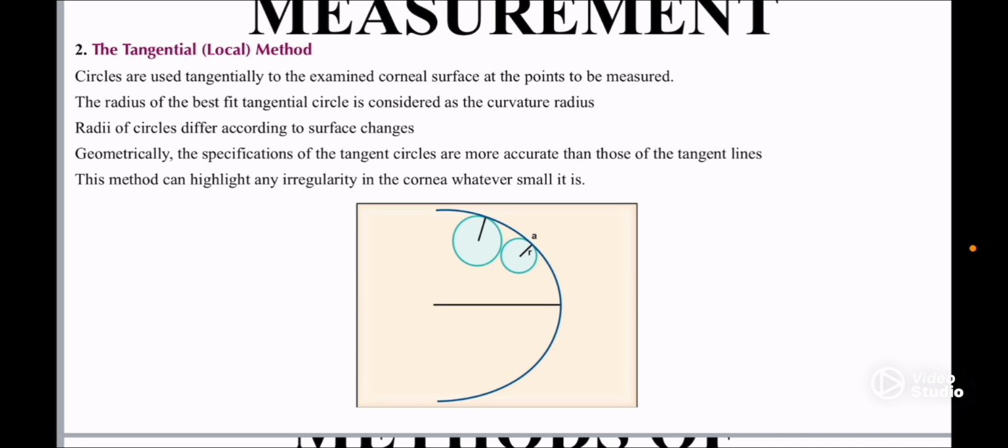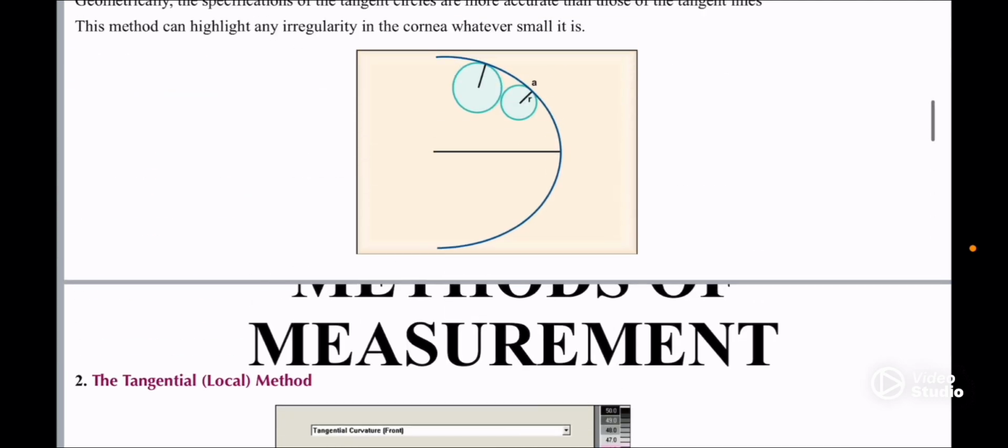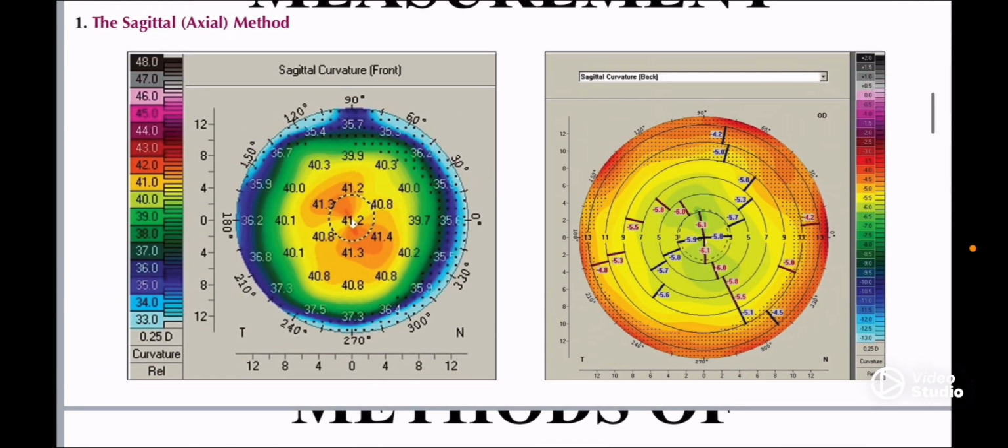Radii of circles differ according to the surface changes, and geometrically, the specifications of tangent circles are more accurate than tangent lines. This method can highlight any irregularity in the cornea, however small it may be. This is the tangential curvature of the front of the same cornea depicted in the above image. So we can see a lot of difference over here.